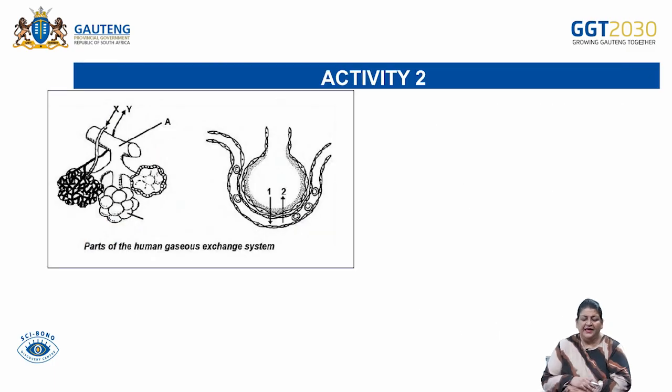Now this is a very important diagram, learners, and it can definitely come in your final exams and also in your third term control tests. This is showing you two diagrams. You need to see that this X is a blood vessel, and it's going to coil around the capillaries and it's going to leave now.